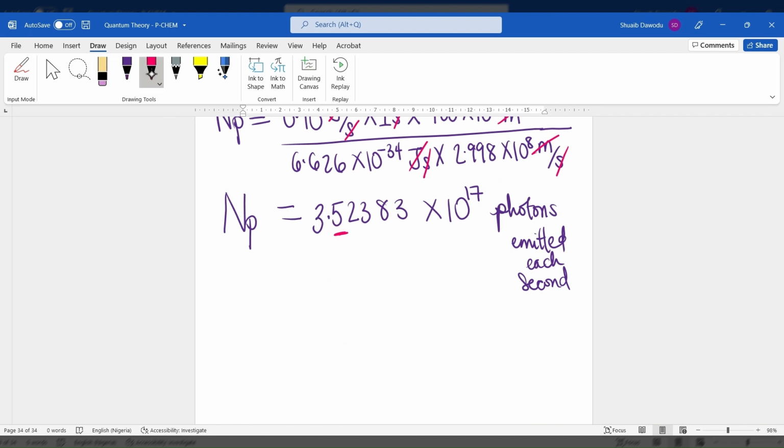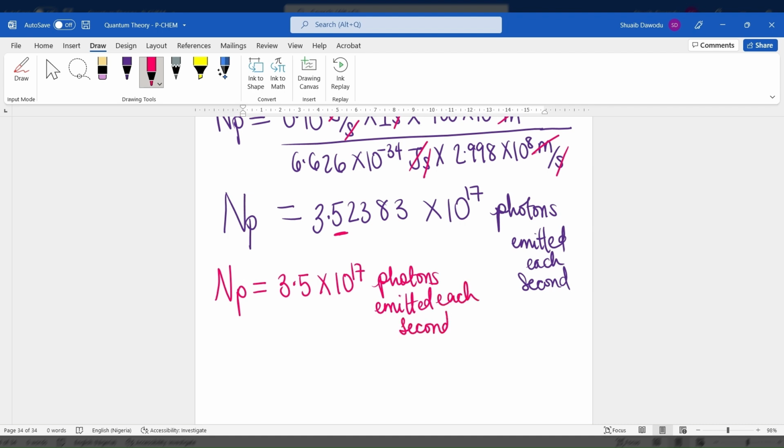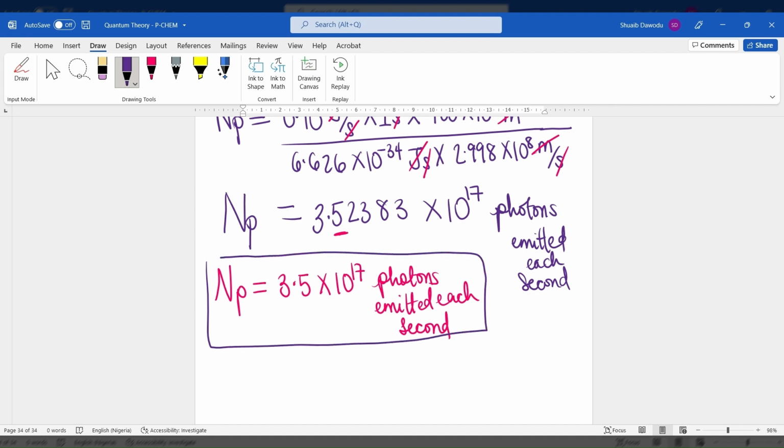So NP, the number of photons, ends up being 3.5 times 10 raised to the power of 17 photons emitted each second. So that is basically the answer to this question.